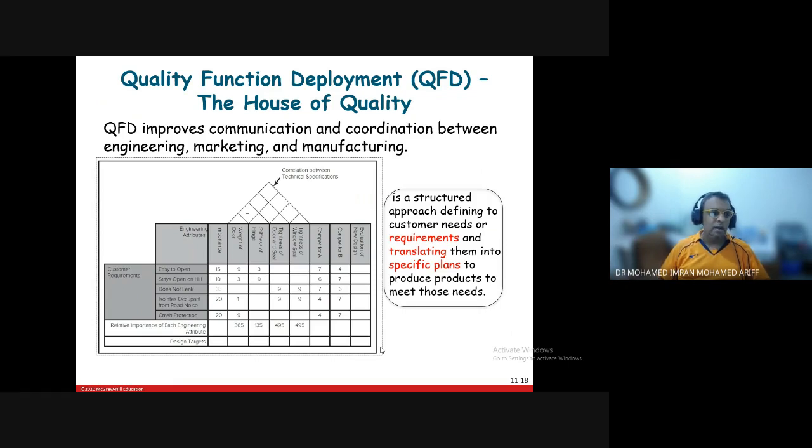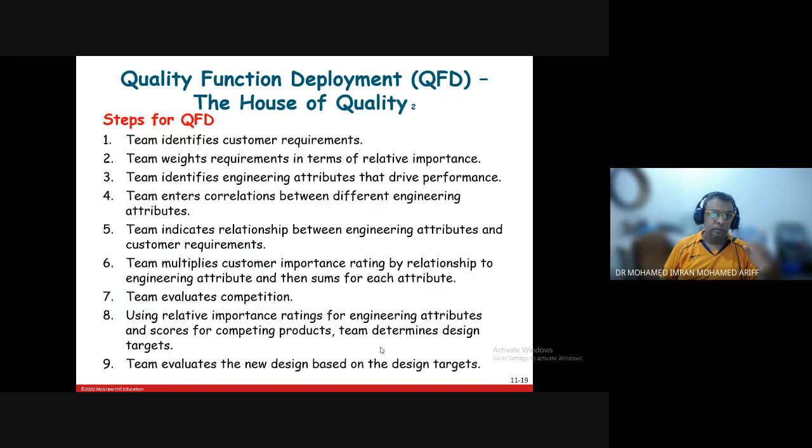Because the customer's requirement is only one, but you have to manage it and specify which departments will help in this customer development. So these are some steps in developing QFD.